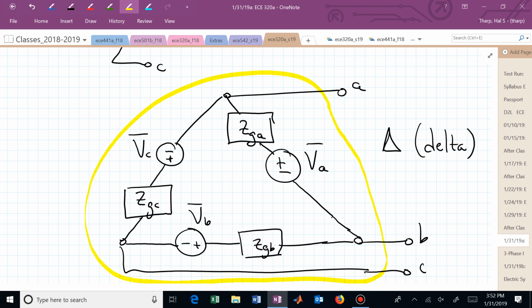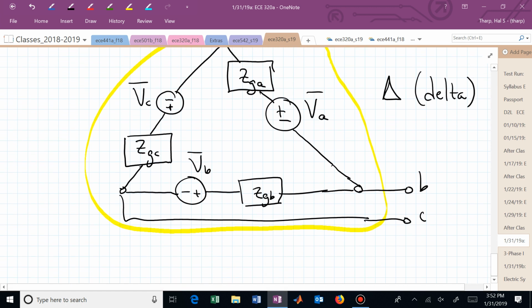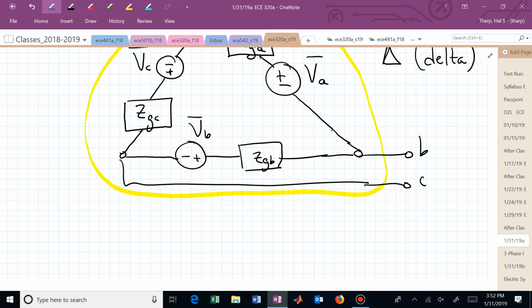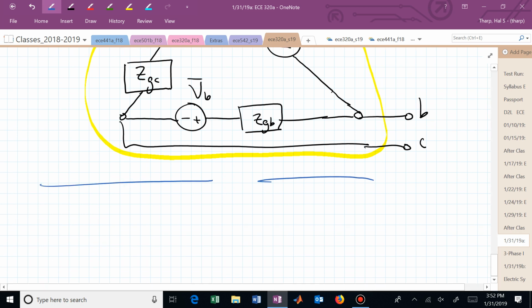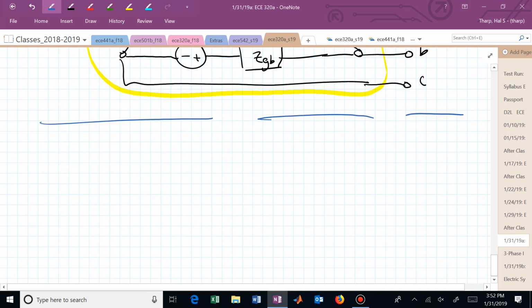The previous one, you could just have its terminals visible and it would be in a Y. What I haven't necessarily done in those sketches is actually to illustrate or parameterize what these Z sub G's look like.